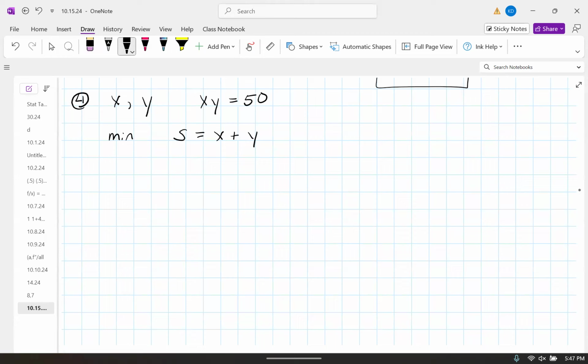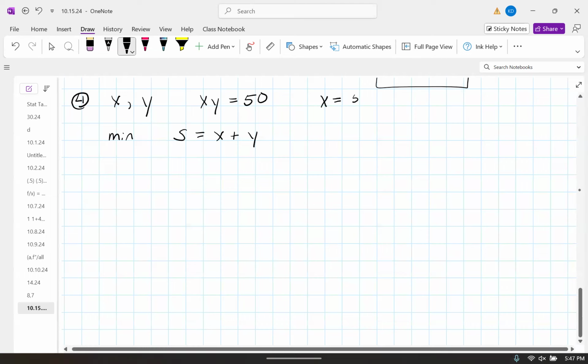Do we want our equation in terms of X or Y? No, that's why I asked. Oh, all right. So X equals 50 over Y. So I'm going to solve my top equation for X, plug it into my minimizing equation. So S equals 50 over Y plus Y. That's going to make my derivative a little easier.